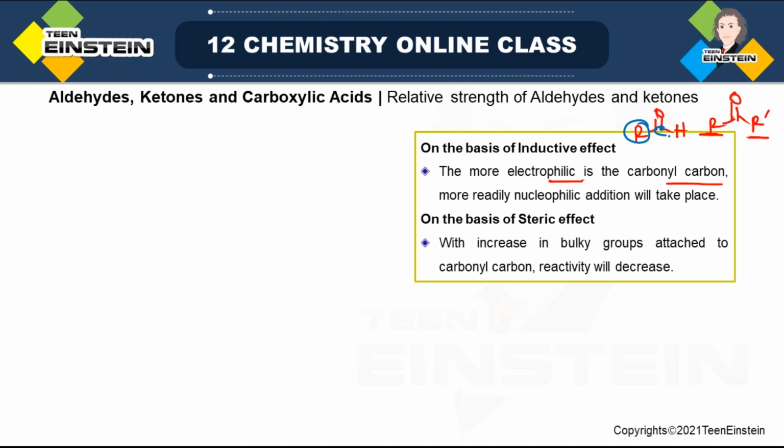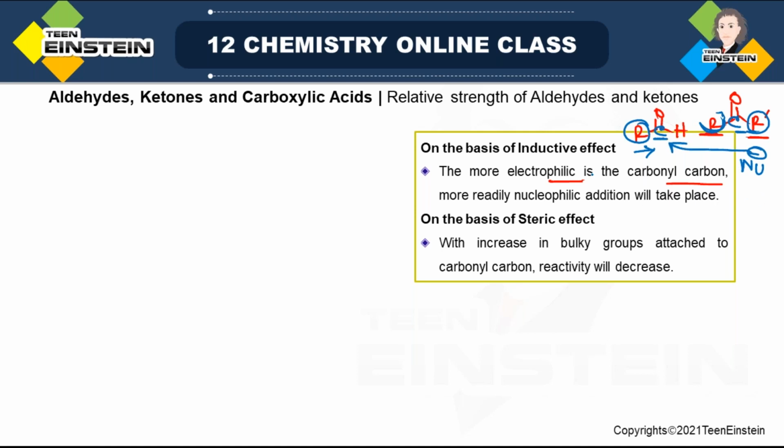That means if you compare the carbon of aldehyde and the carbon of ketone, which one is more electron deficient? Obviously, the carbon present in aldehyde, because in ketone, from both sides there is some plus I effect, but here only from one side there is plus I effect, and plus I effect means it is increasing the electron density. When it is increasing electron density, the tendency for nucleophilic attack will be less and less.